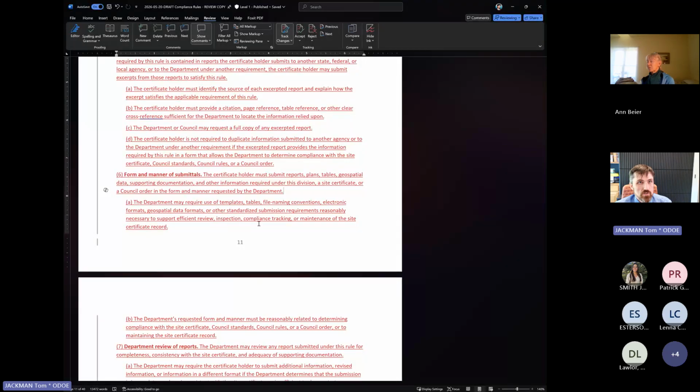So if we can unify how we're asking for stuff, and maybe at some point even provide example templates and that sort of thing, then hopefully that makes compliance cheaper for folks, but also enables us to do the review more efficiently, saving everybody time and money in the end. That's the intent behind these provisions here.